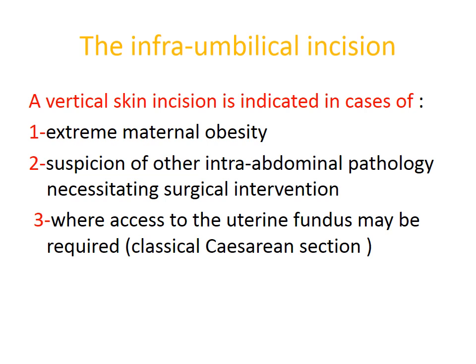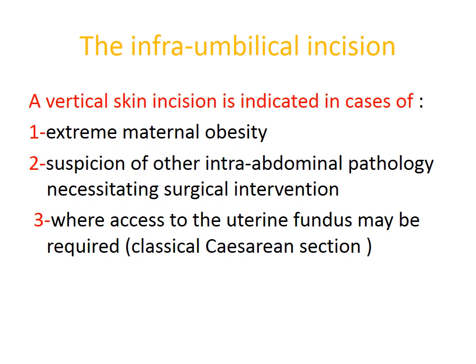For example, when a classical Caesarean section is indicated. Classical Caesarean section, as I will explain to you in the next few slides, is a vertical incision that is made in the upper uterine segment.